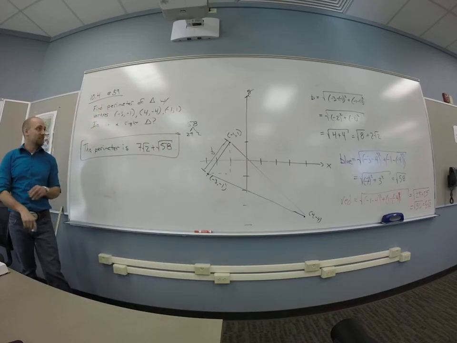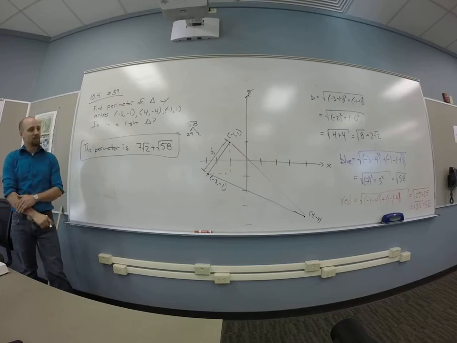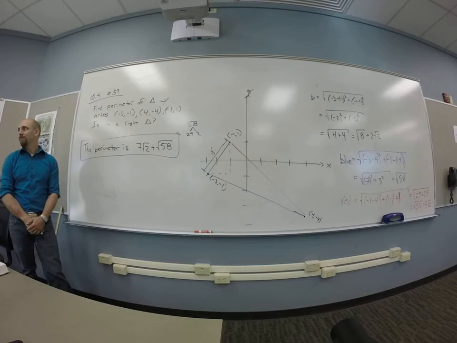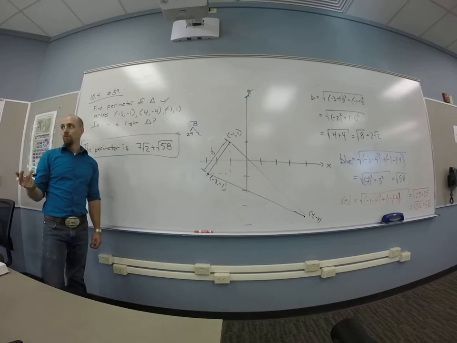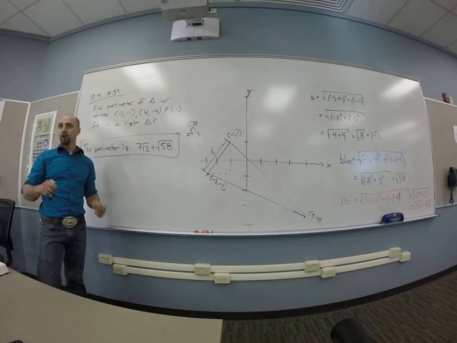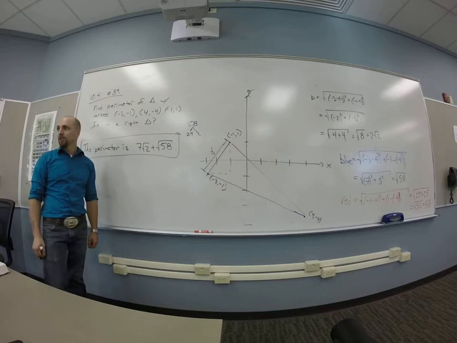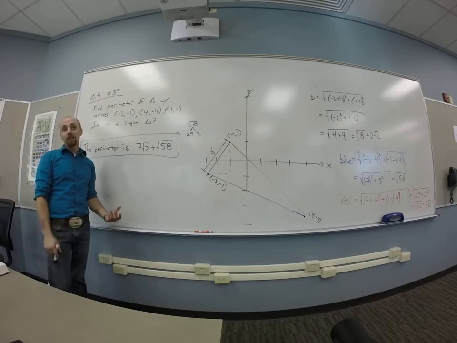And then answering the second question, is it a right triangle? How do you check? You square 2 sides, add them together, and see if they equal the third side squared. Really, I'm just going to check the Pythagorean theorem.